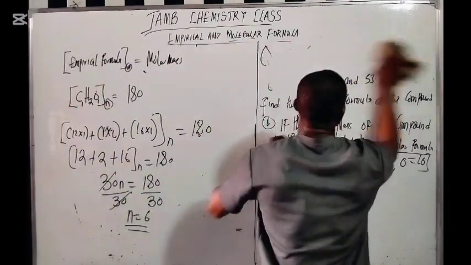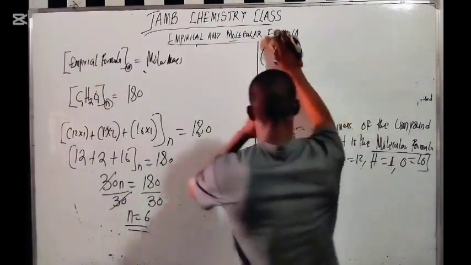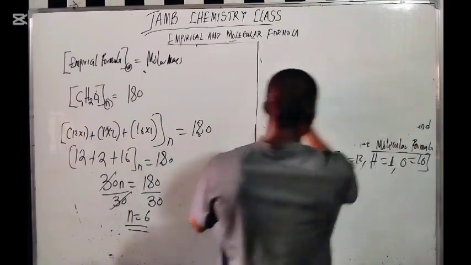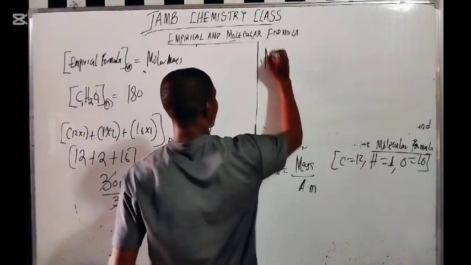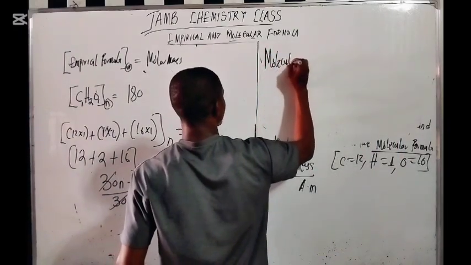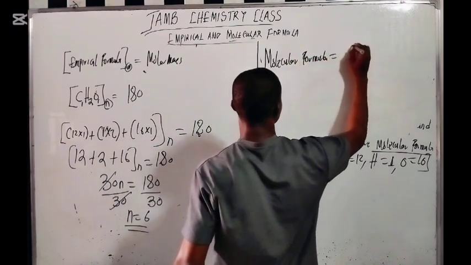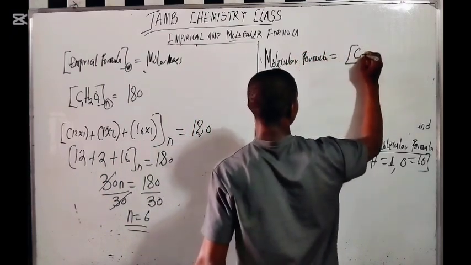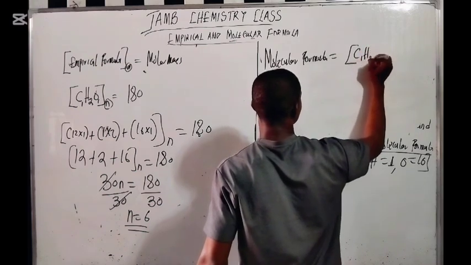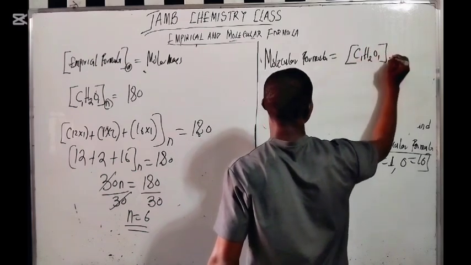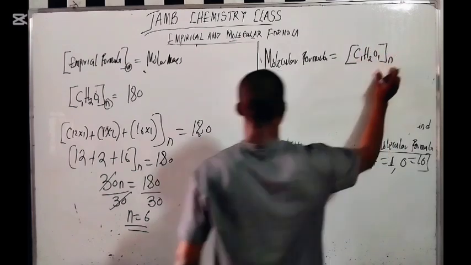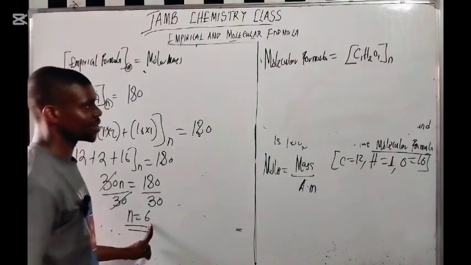So my molecular formula is now going to be equal to the empirical formula, C1H2O1. Here we now have N, right? But my N is already 6.